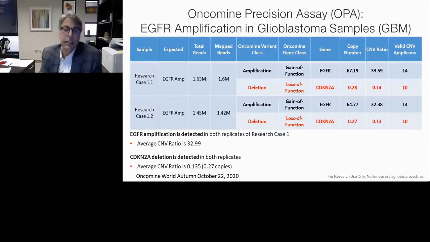Now, another interesting thing that came out of this experiment is we recognized that this same sample also had a loss of an allele of the CDKN2A gene, which we did not know because our assay at UAB did not target this. So in this sample, there was a gain of EGFR and loss of CDKN2A.